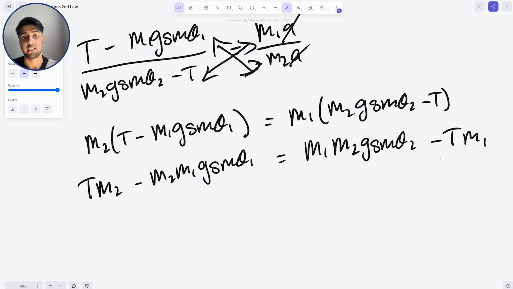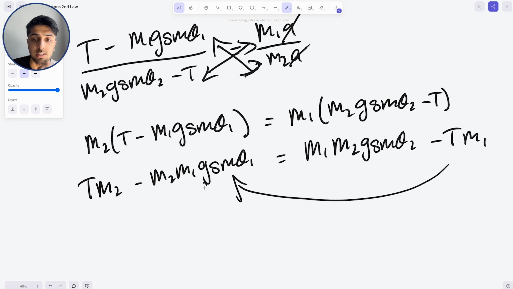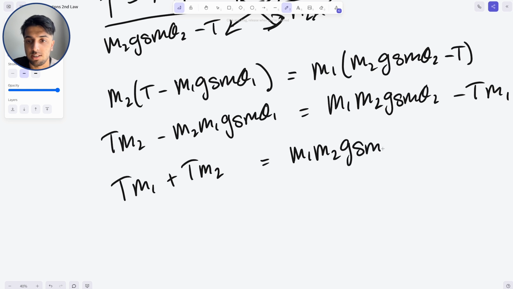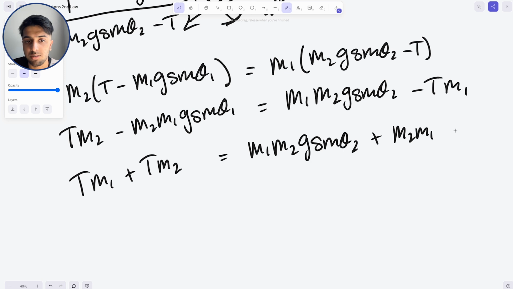Now collecting all like terms, so chucking this over onto this side and this over onto this side, we get T m1 plus T m2 is equal to m1 m2 G sine theta 2 plus m2 m1 G sine theta 1.